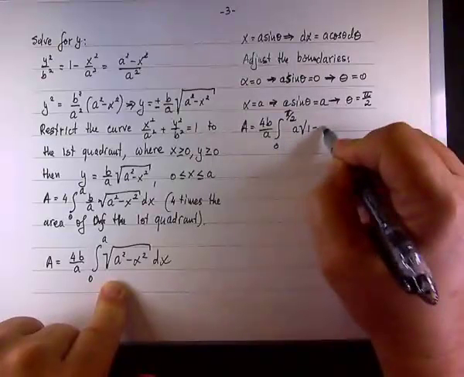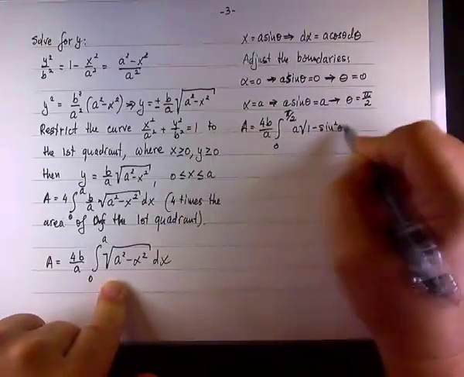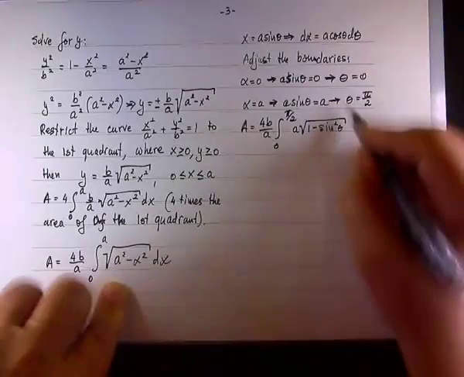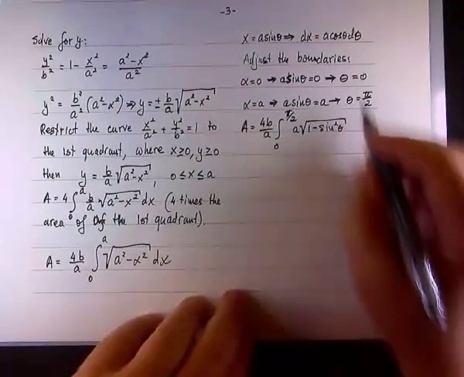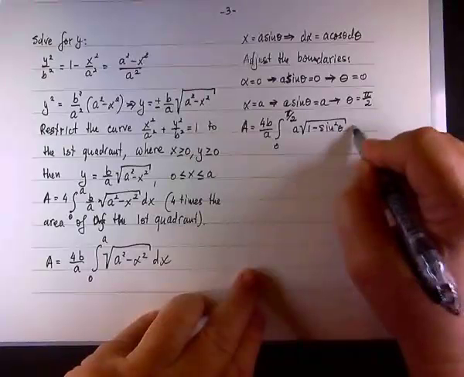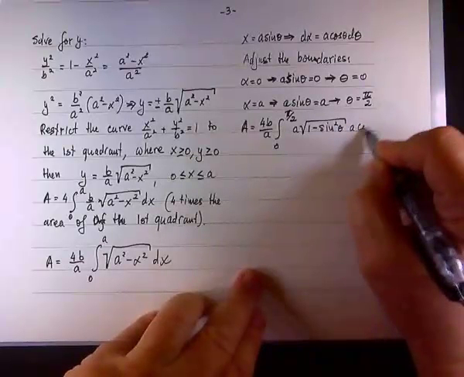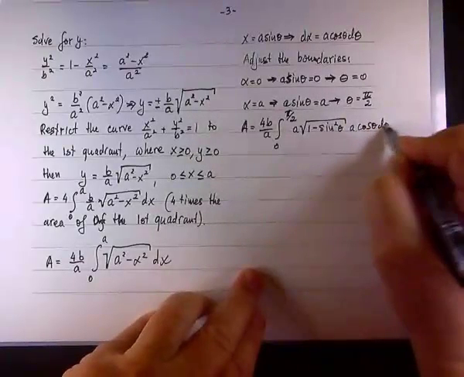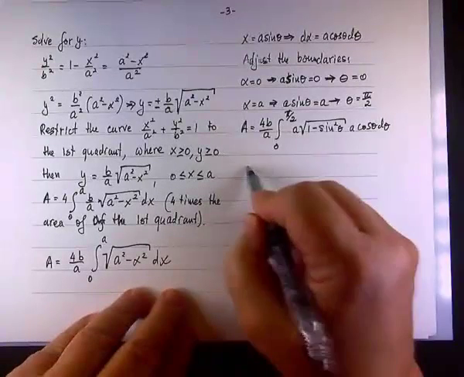Let's do it. It will be a times the square root of 1 minus sine squared theta, the same thing we had in the previous example. dx is a cosine theta d theta.